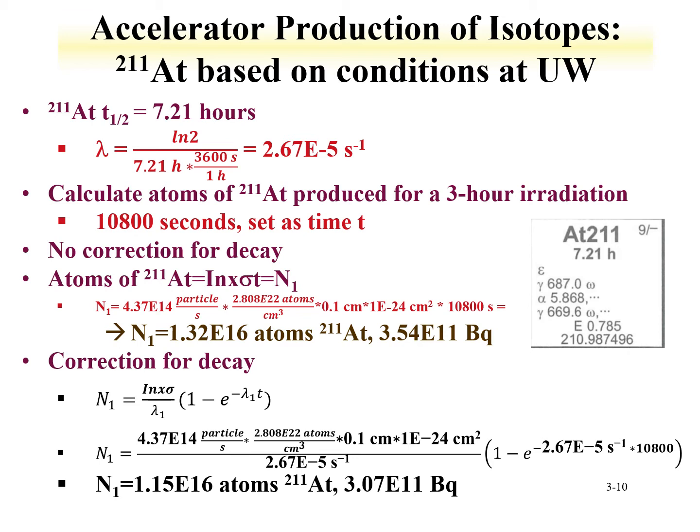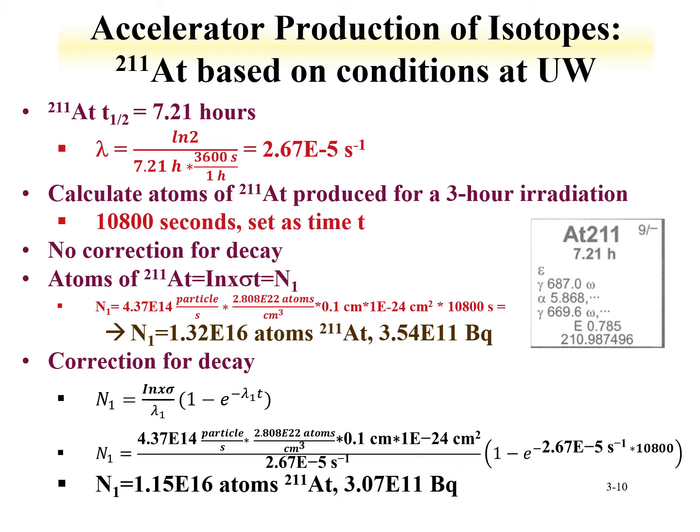Comparison to the decay corrected equation, which is shown here, substituting the terms and the addition of the decay constant. The equation terms are shown here using, again, the same terms as the non-saturated equation with the addition of the decay constant and the saturation term. One gets the production of 1.2 times 10 to the 6th atoms of astatine with an activity of 3 times 10 to the 11th becquerels.